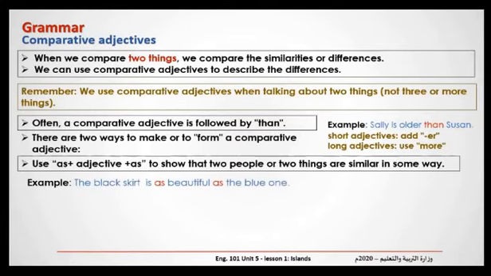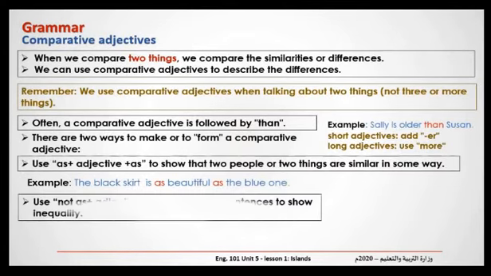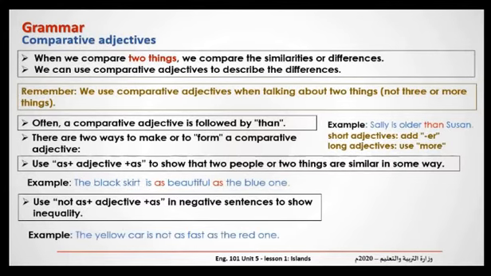Example, the black skirt is as beautiful as the blue one. We use not as plus adjective plus as in negative sentences to show inequality. Example, the yellow car is not as fast as the red one.